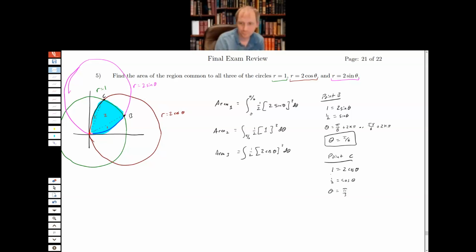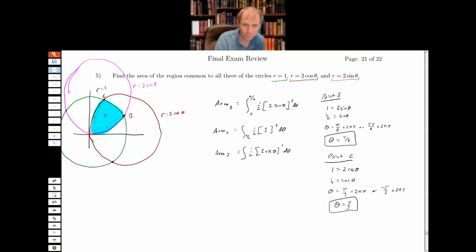Okay. The 5 pi over 6 is in quadrant 2. So that's this intersection point over here that I don't care about. All right, so here I get pi over 3 plus 2k pi, or negative pi over 3 plus 2k pi. Right, and that corresponds to this intersection and this intersection. But again, it's only the one in the first quadrant that I'm really concerned with.